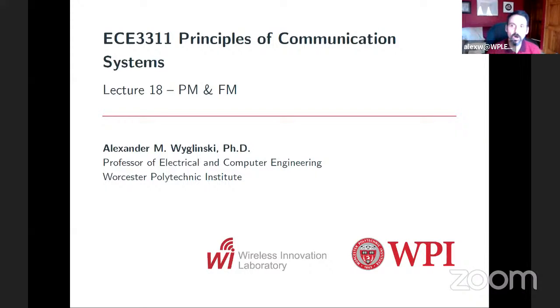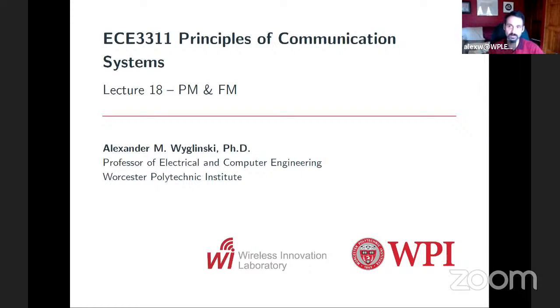So we looked at all these different analog modulations over the last couple of weeks. In particular, we've been looking at things like amplitude modulation, right? We looked at DSB-SC, double sideband suppressed carrier. In lecture 17, we looked at single sideband modulation schemes, such as SSB.